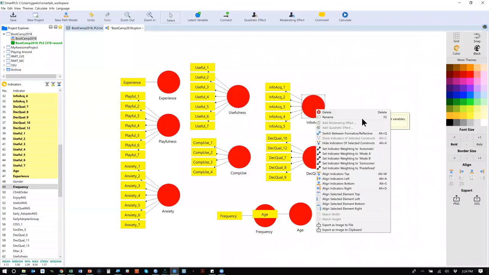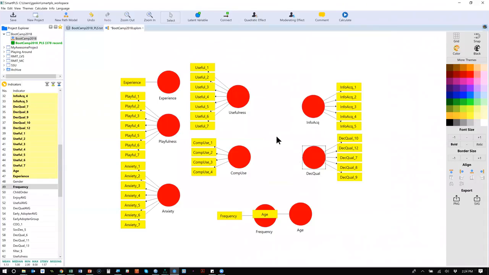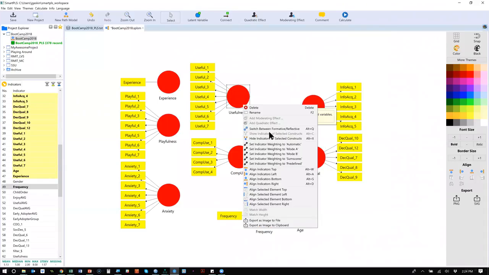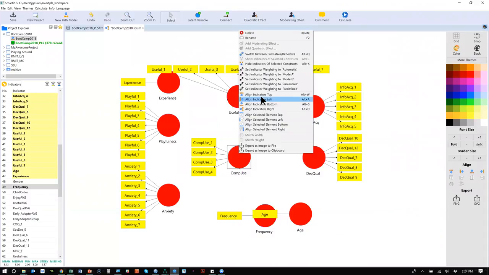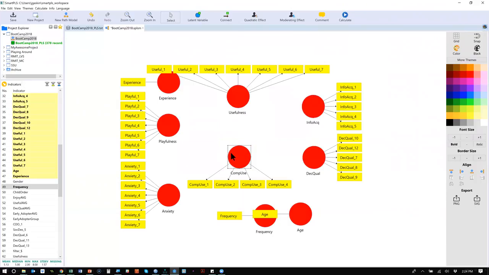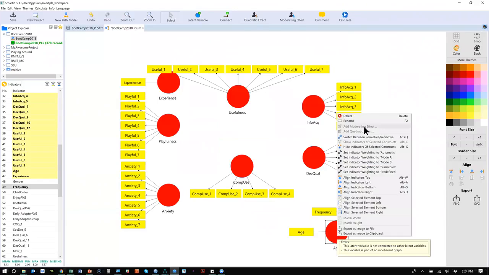But I'm going to rotate these so they're around on the right. Maybe I'll put this one up top and this one down bottom. And I'll hide these. These aren't so important.